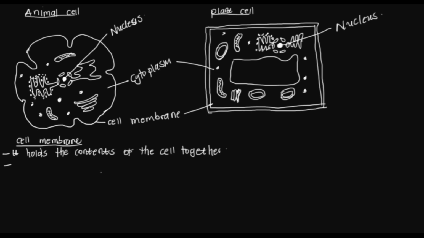So then number two, we are saying it is a selective permeable membrane, which means that it's selective. So it allows some substances to go in and out of the cell.